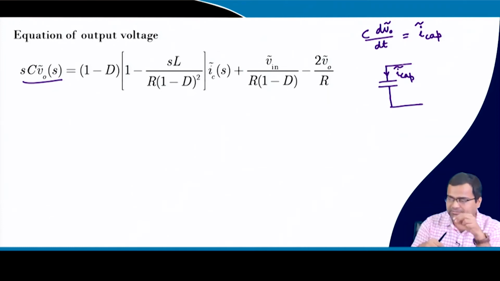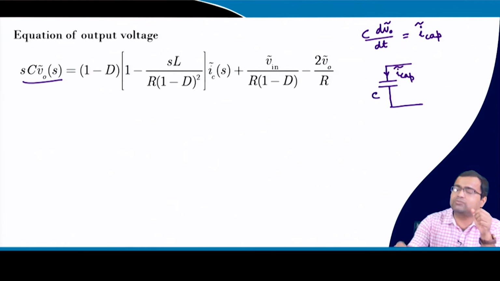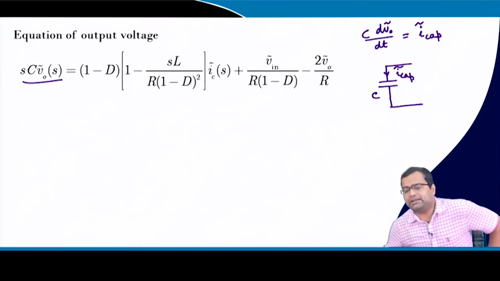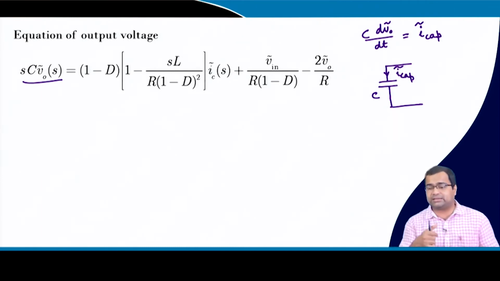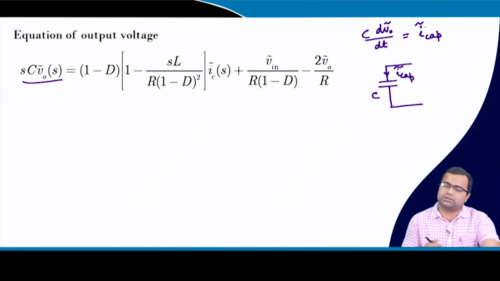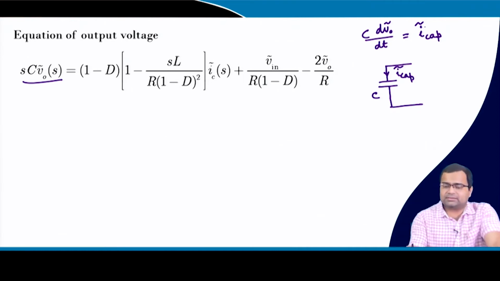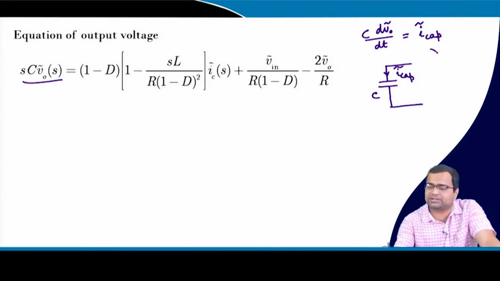So, I am taking the positive direction where it is going into the capacitor, because effectively it will charge the capacitor. If we take the positive current direction to be out of the capacitor, then we need a negative sign here, because the capacitor will get discharged. So, here we are taking the positive current direction to be going in. Next, this equation shows three things, and if you take the Laplace transform, what will we get?